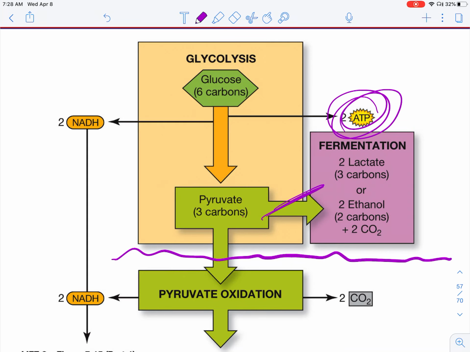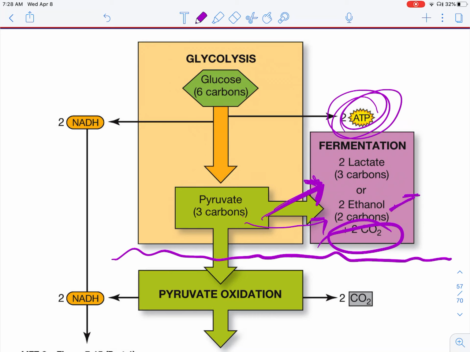In animals, it gets processed to lactate where it leaves until it can get reformed into glucose. And in yeast, you actually form carbon dioxide and leave a 2 carbon compound, ethanol.